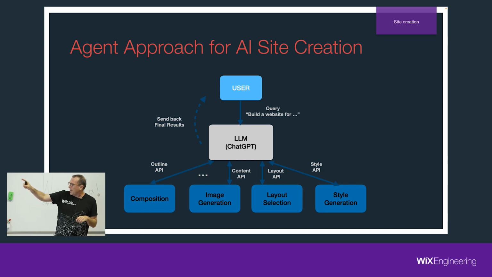It's also connected to services through APIs and can interact with them. The way to think about it is that these services are experts that help ChatGPT solve this task. It can interact with them, take the answers from each one of them, and merge them together so we can get a working website. These services can be content creation, image generation, layout generation, style generation, and even a stitching service that takes all that information and merges it together.